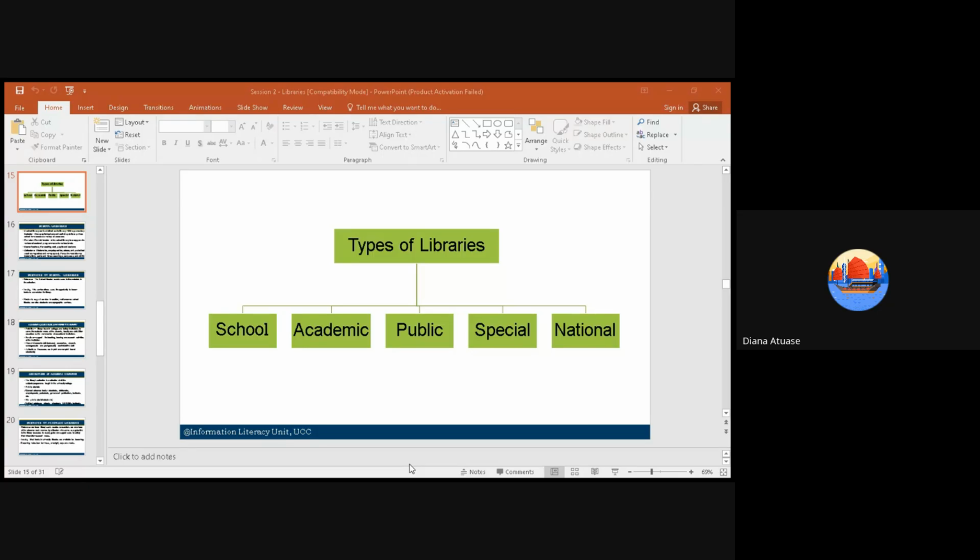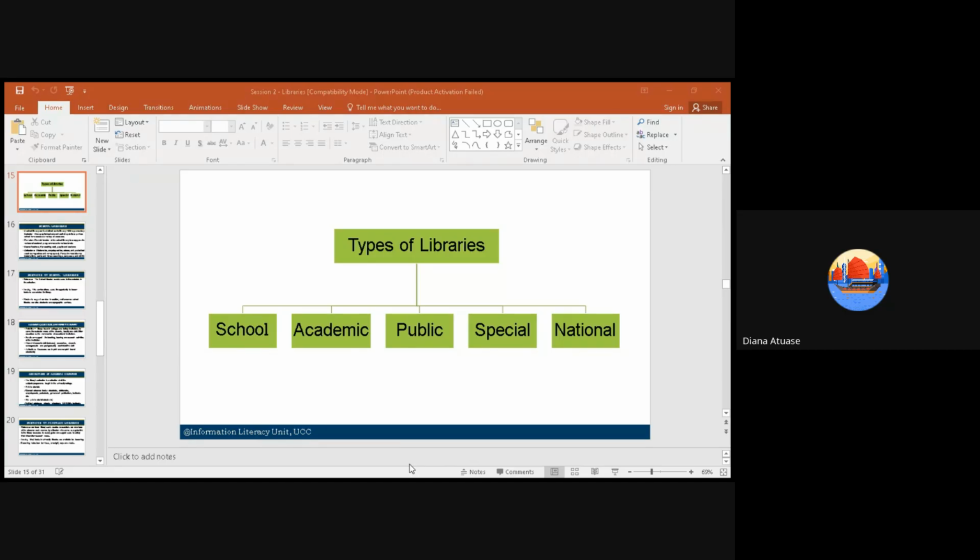With the public library, everyone can use the library, unlike the other libraries that are a bit restricted. For example, the academic library is meant for students, lecturers and researchers, or it's for the academic community of a particular institution. Then we also have the school library.